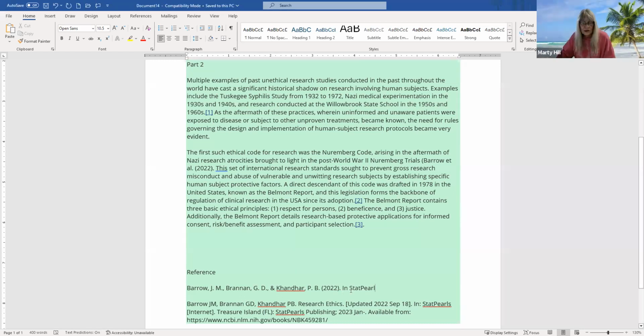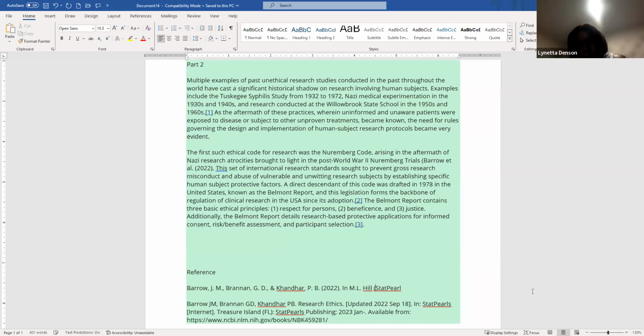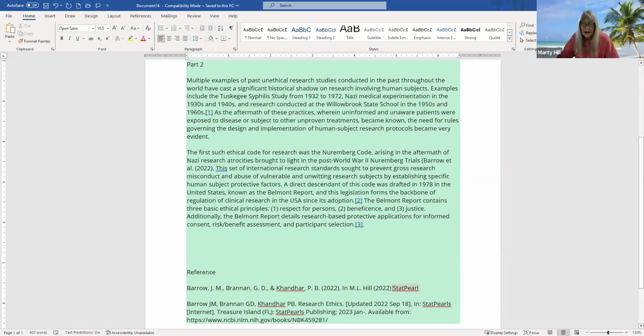And usually whenever you're doing a book chapter, you'll provide the author, the editor of the book, and then the title of the book in italics. And then I believe the page number.